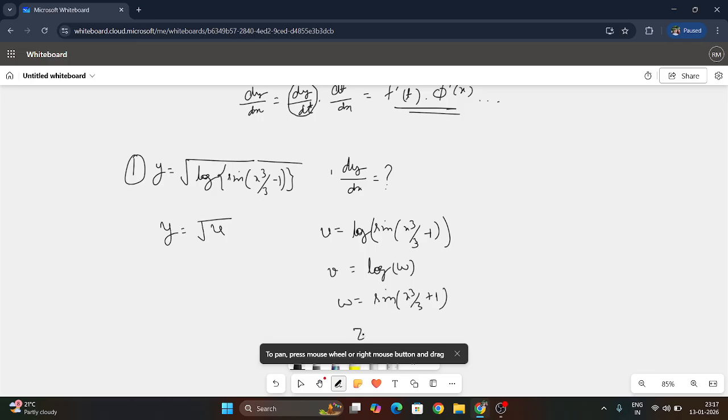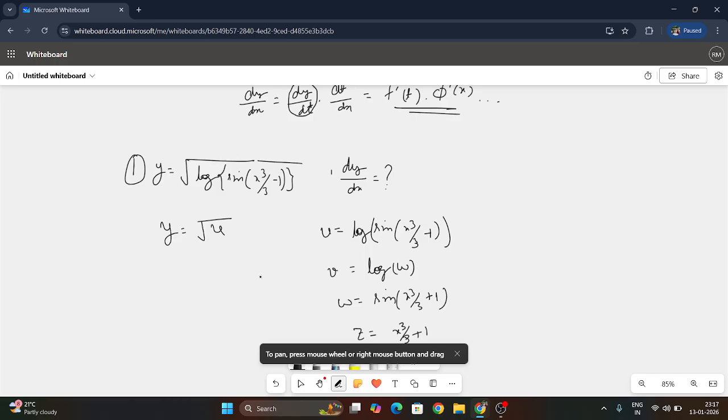And consider z. z is what? z is, we are considering from our side, x cube by 3 plus 1. So these things we have to keep in mind. Please don't forget it.